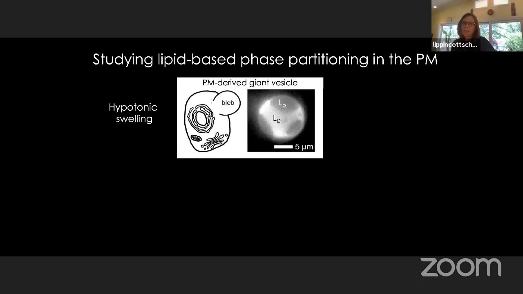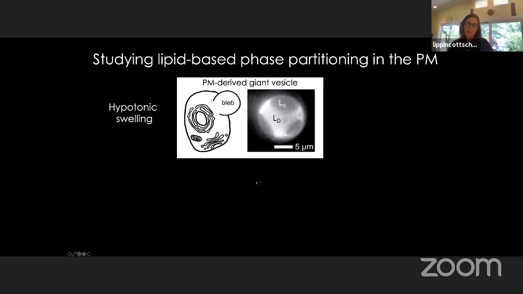Now, I would say probably around 10 years or so ago, people realized that you could generate the same type of phase partitioning on the plasma membrane by generating plasma membrane derived giant vesicles through hypotonic swelling.